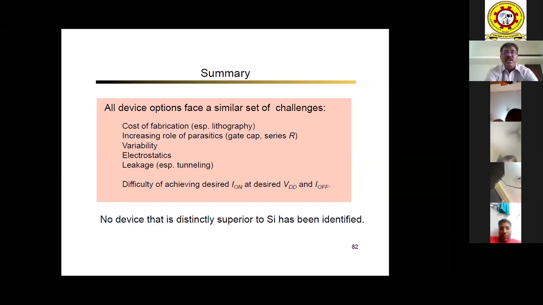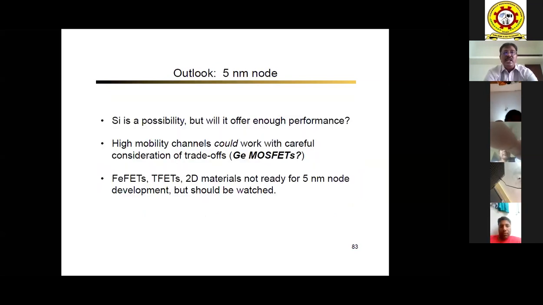Difficulty of achieving desired Ion/Ioff ratio and reducing VDD. No device that's distinctly superior to silicon has been identified as of date. So silicon is still a possibility, but will it offer enough performance at the 5 nanometer node and all.